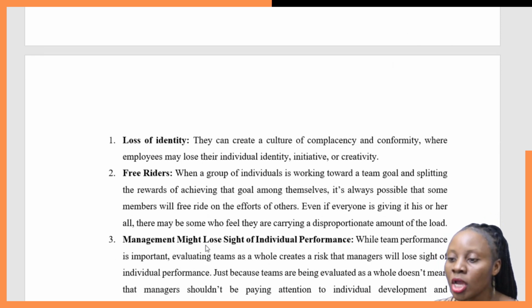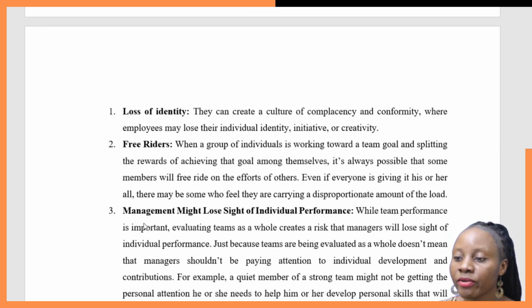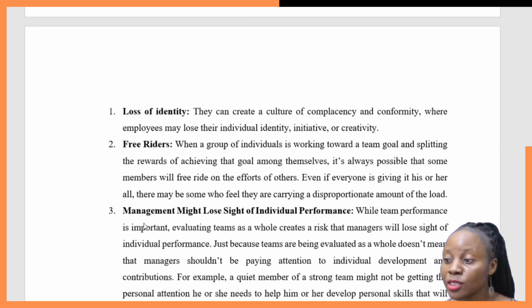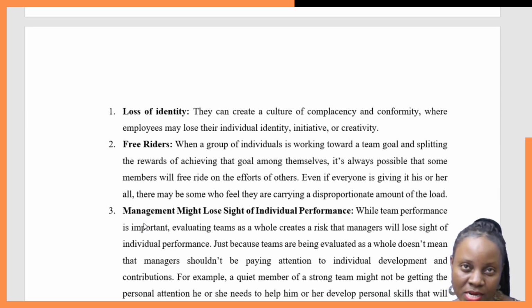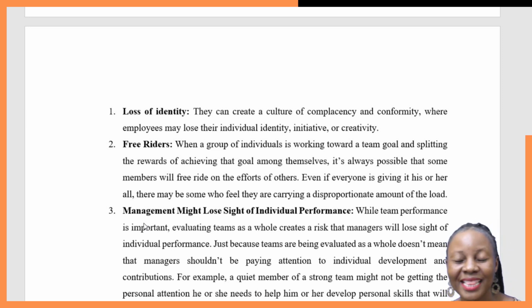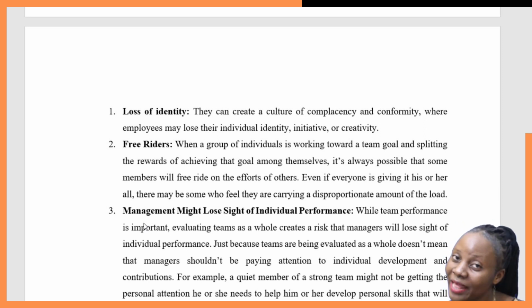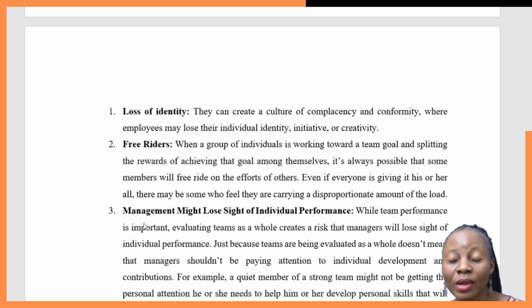Also, we have challenge number 3: management might lose sight of individual performance. That is very true, because at the end of the day, the manager will be looking at how Group A has performed, not how so-and-so has performed. So their focus would be more on the group than the individuals. When you want to be rewarded, you are rewarded as a group.